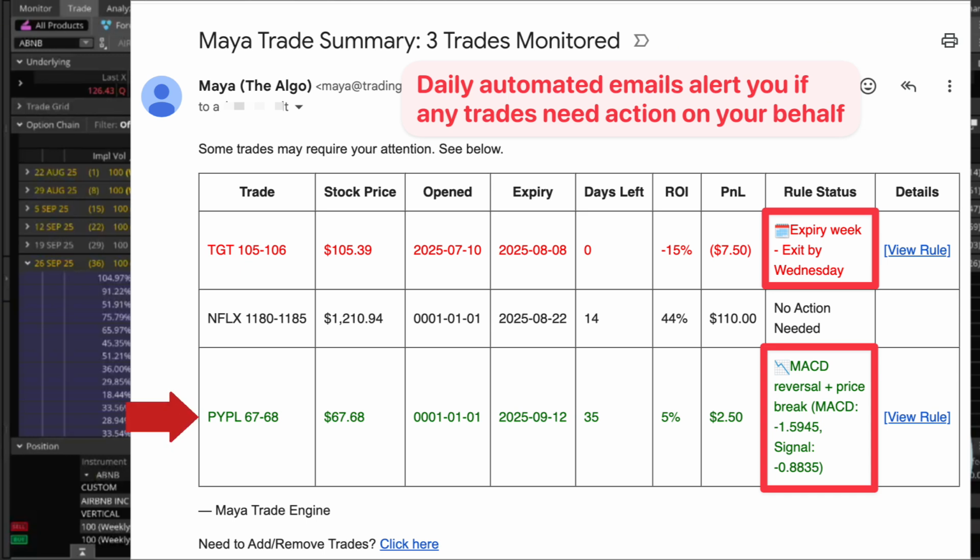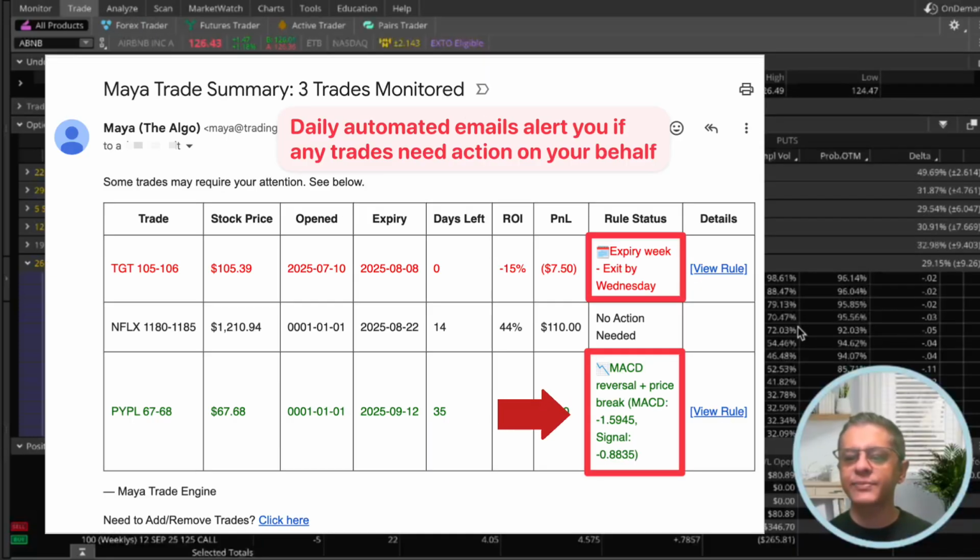There are 35 days left and it has made some money, just 5% ROI. But it's telling you that a rule got triggered. So the MACD reversal plus price break rule has triggered, and that means you need to get out. Now you can click view rule in the email and see exactly what rule got triggered too.